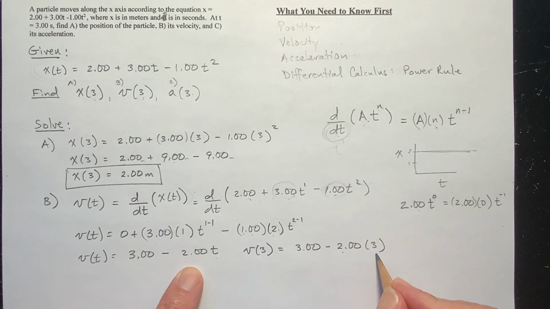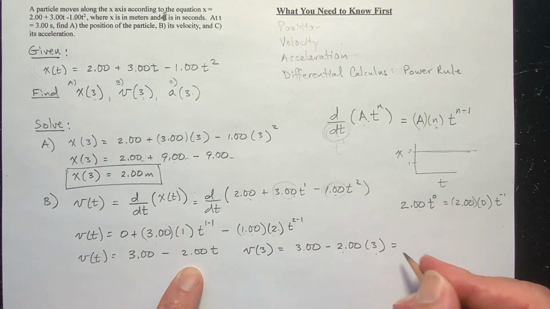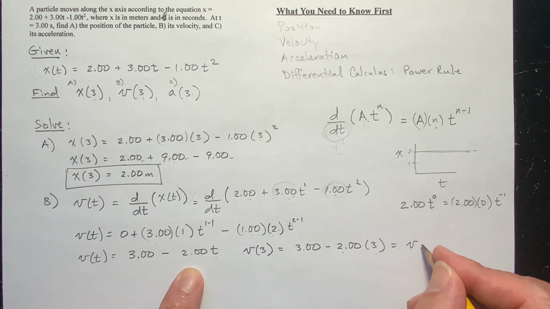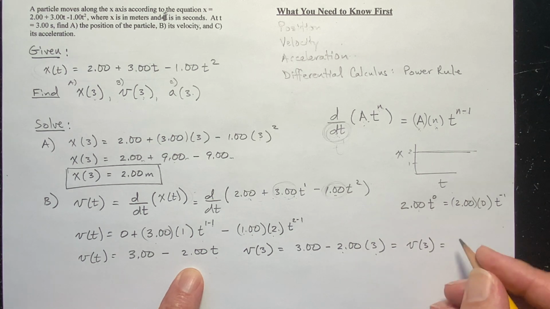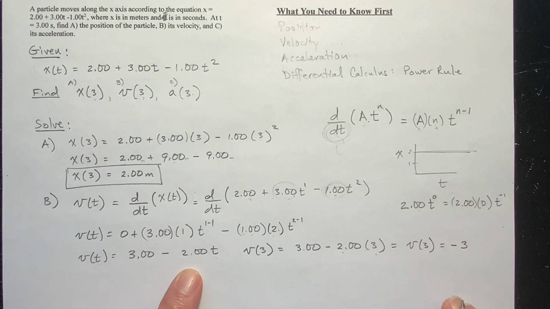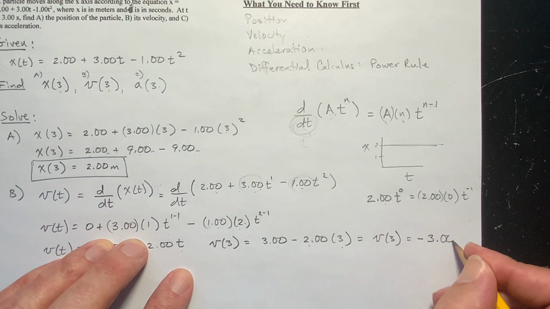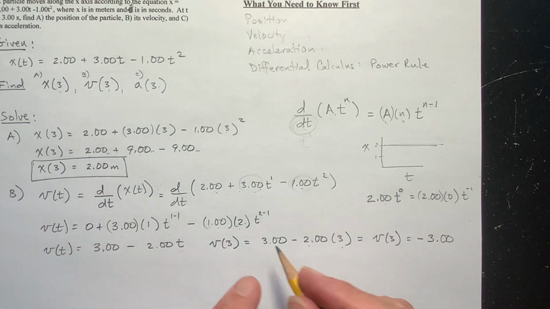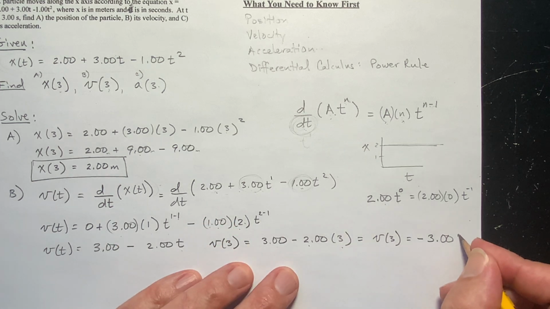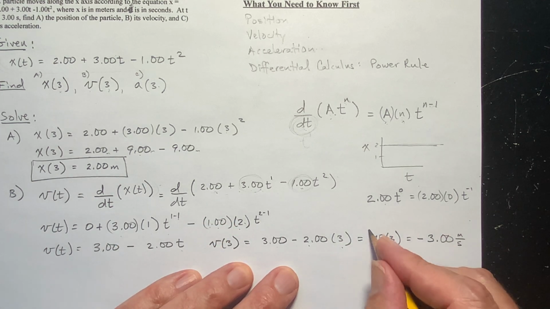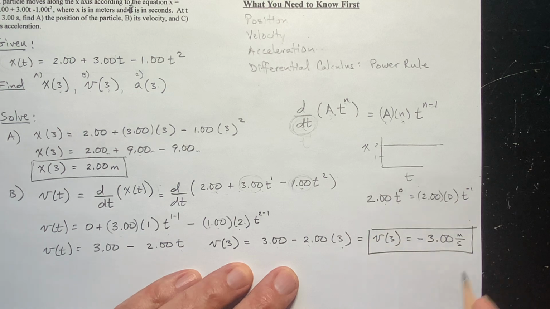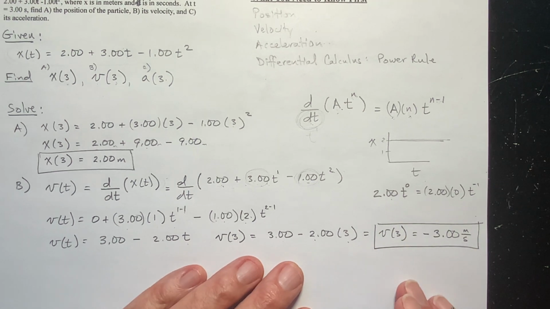Well, 2 times 3 is 6. 3 minus 6 is negative 3. So v at 3 is equal to negative 3.00. And what units? Well, it's going to be meters per second. And that is my answer for part B.